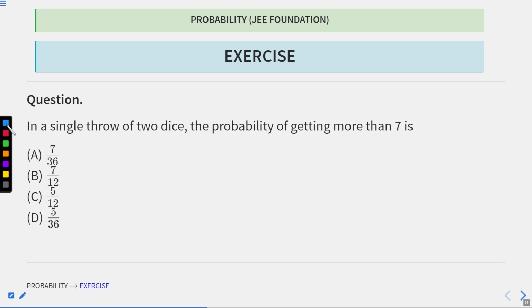Now, probability of getting more than 7 means we are asked for the sum of the numbers. For example, let me make a table. So in the first throw, 1, 2, 3, 4, 5, 6, and this will be my second, 1, 2, 3, 4, 5, 6.